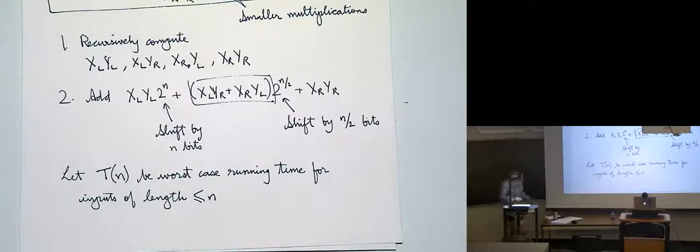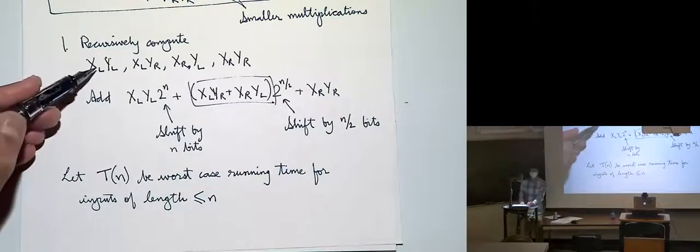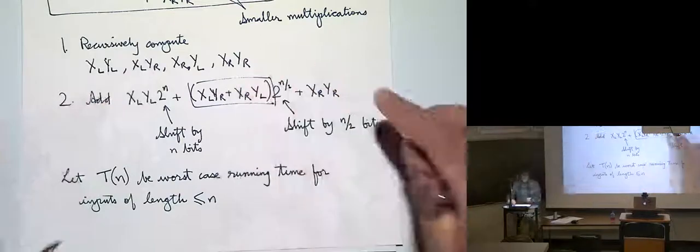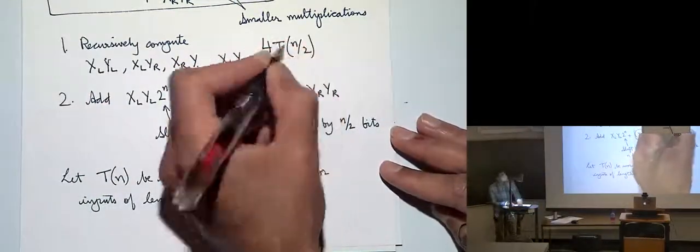What would you write for the first step? 4 times T of n over 2. 4 multiplications of half the size. Clear? 4 multiplications of half the size. Right? 1 multiplication, 2, 3, 4. So this is 4 times T of n over 2.